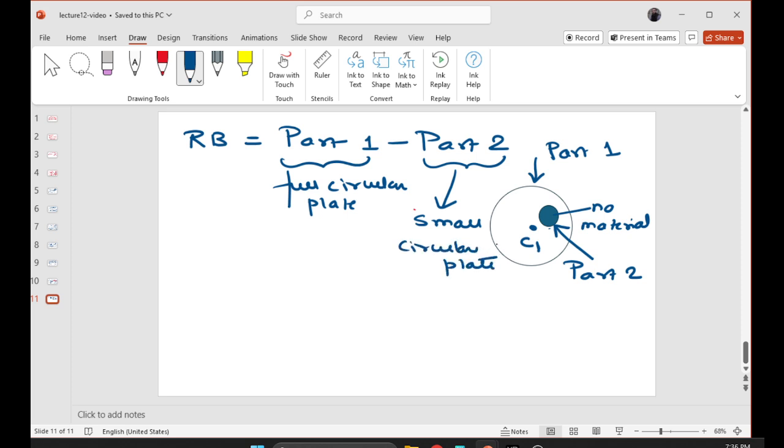So if you take the small circular plate out of the full circular plate I showed earlier, part 1, our RB of interest has a shape which is circular on the outer periphery, and then a part has been removed.